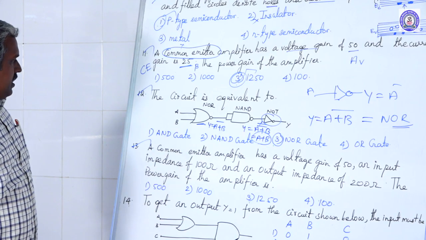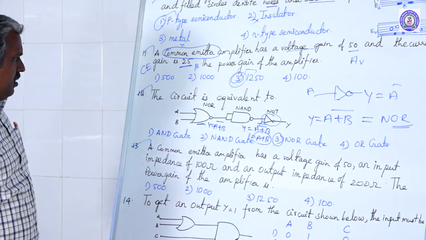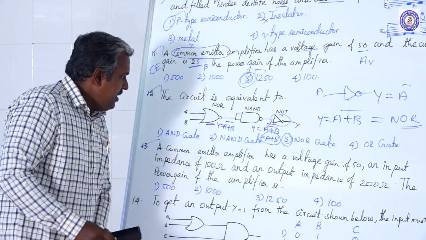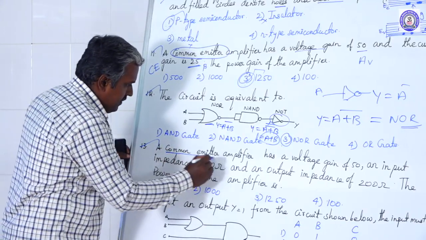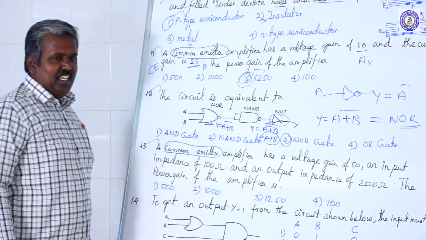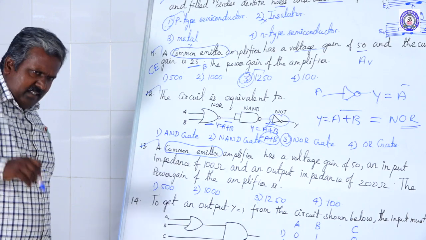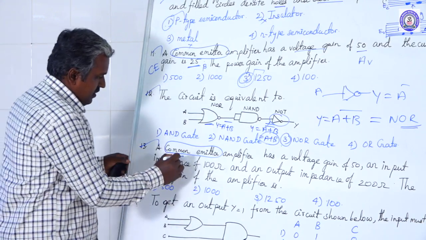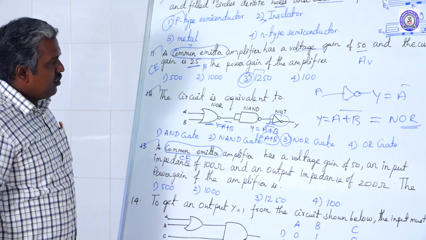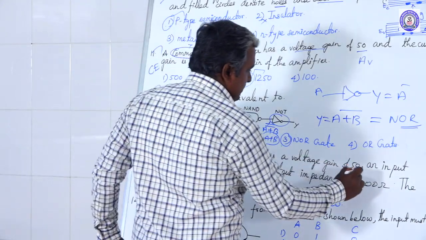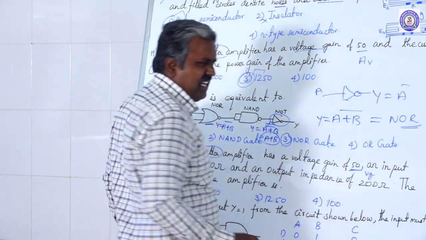Then a common emitter amplifier, CE mode. The transistor is in CE mode, common emitter. It has a voltage gain, A_V, no problem.